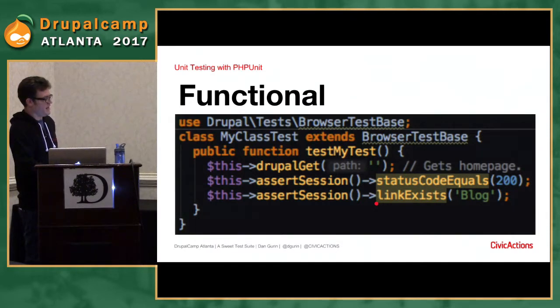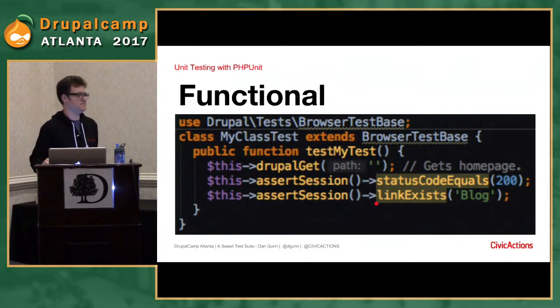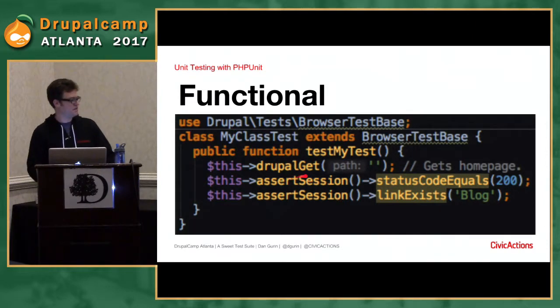Here's what a functional test might look like. Similar to the kernel test, but here you can see get the path with Drupal get, and then the path. There's nothing in the path here, so it just gets the home page. And here we use this assert session to be able to use any of those web assert methods.